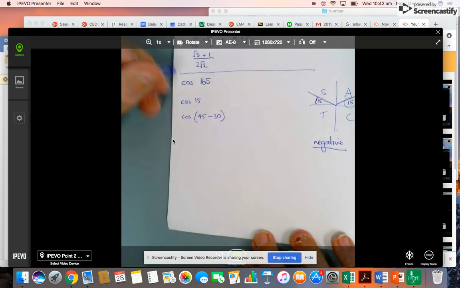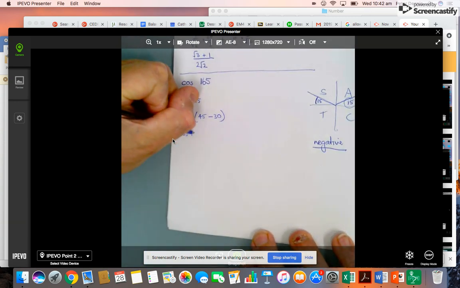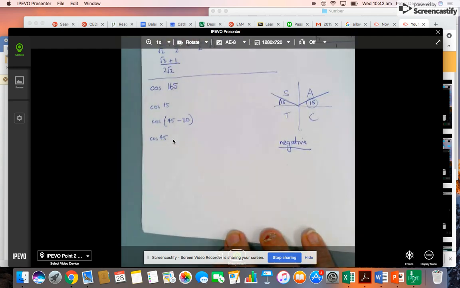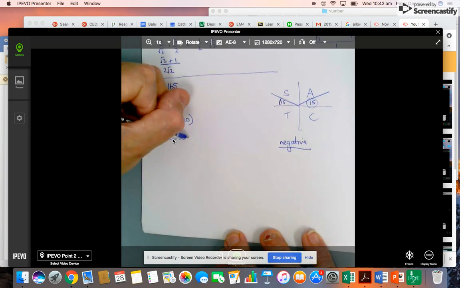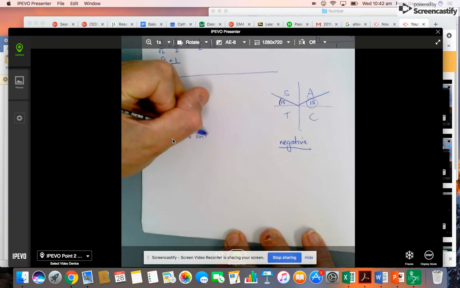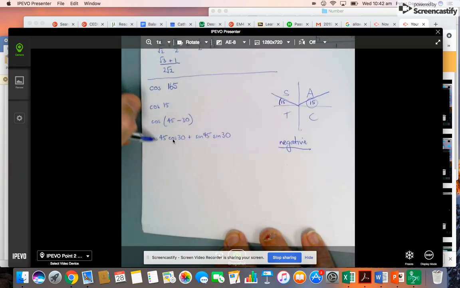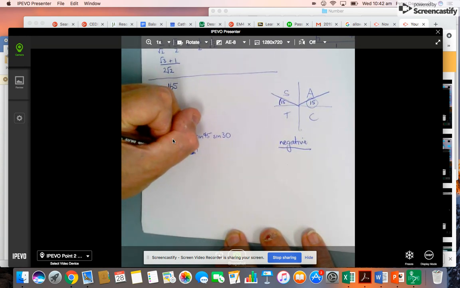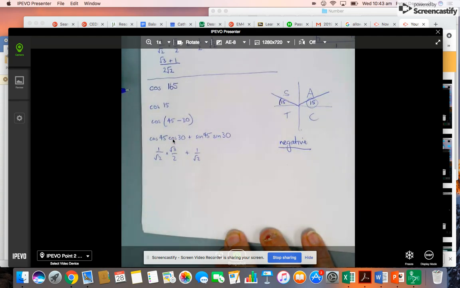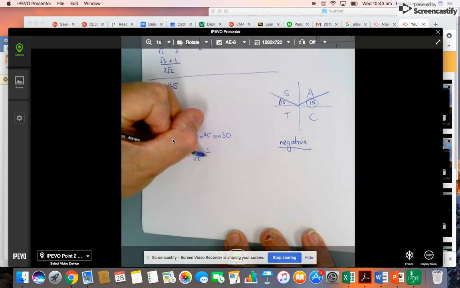So this is going to be cos 45, cos 30, and the sign changes, plus sine 45, sine 30. And then it's just a matter of writing out what's cos of 45, going up to our triangles. It's 1 over root 2. The cos of 30 is root 3 over 2, plus the sine of 45 is 1 over root 2, and the sine of 30 is a half.